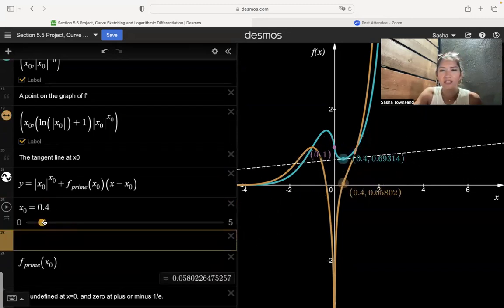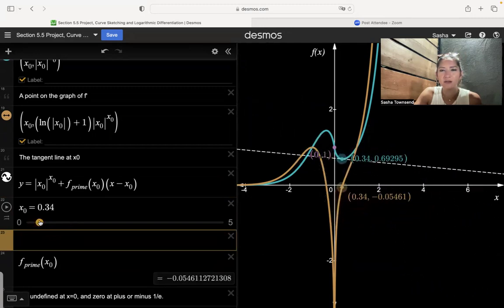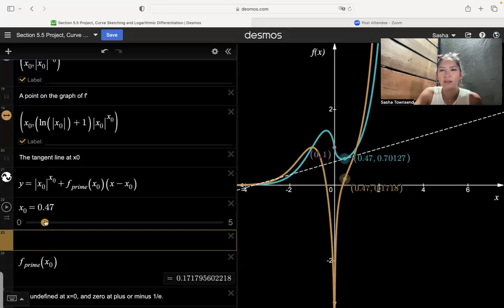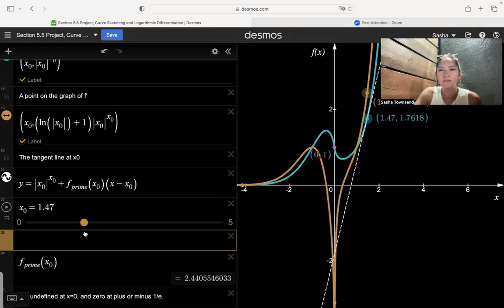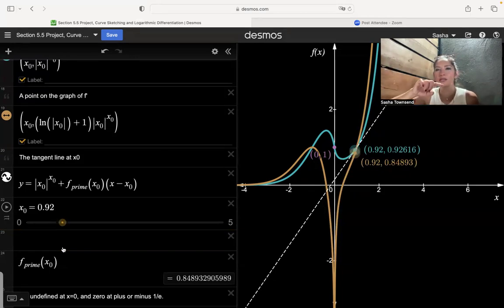So you can let the x change and see that the derivatives are negative there, and we've got a 0 slope at 1 over e. And then when we go to the right of 1 over e, those slopes are all positive. We can tell that they're positive by looking at the graph of f prime and also looking at the tangent line. It slopes up. As you look at it from left to right, the y values increase.